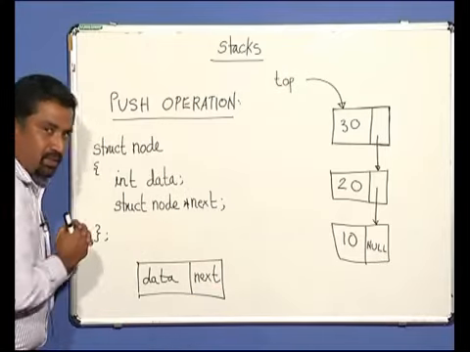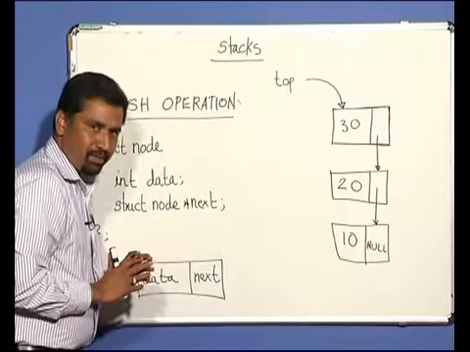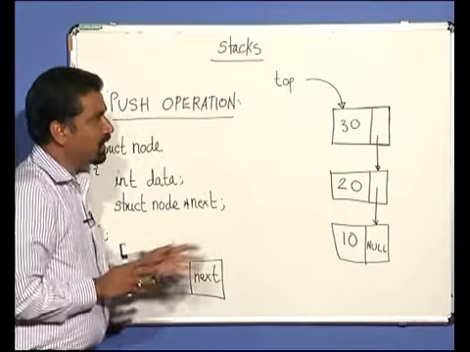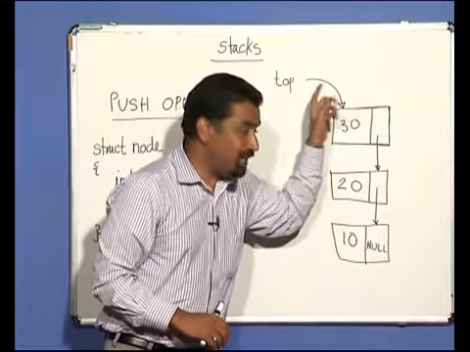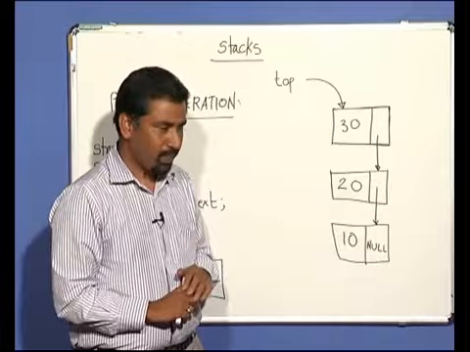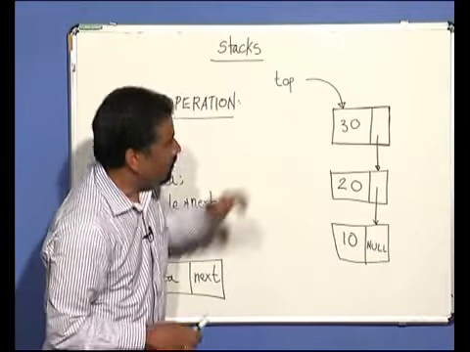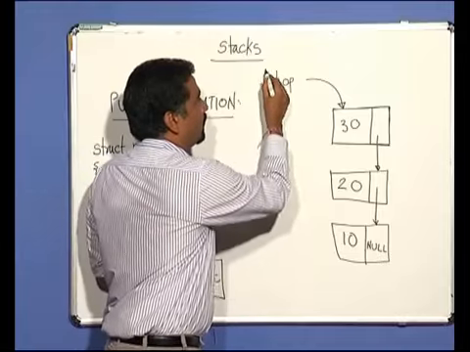So assuming this, now let us assume that a stack is already created for our understanding purposes, and currently the stack represented as a linked list looks like this. I want you to clearly notice the structure. The top here is nothing but a pointer.